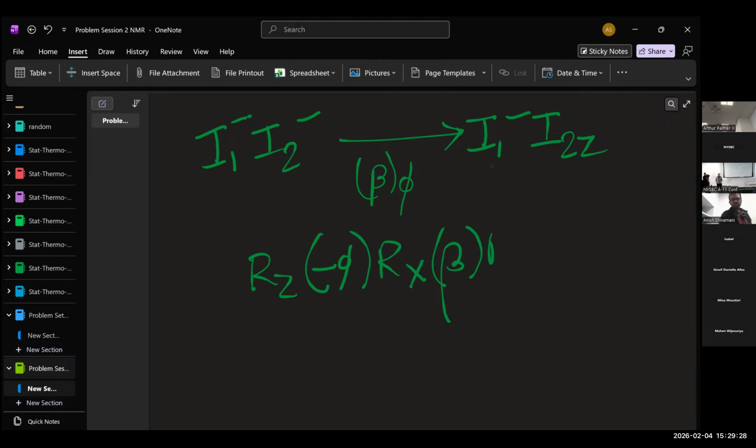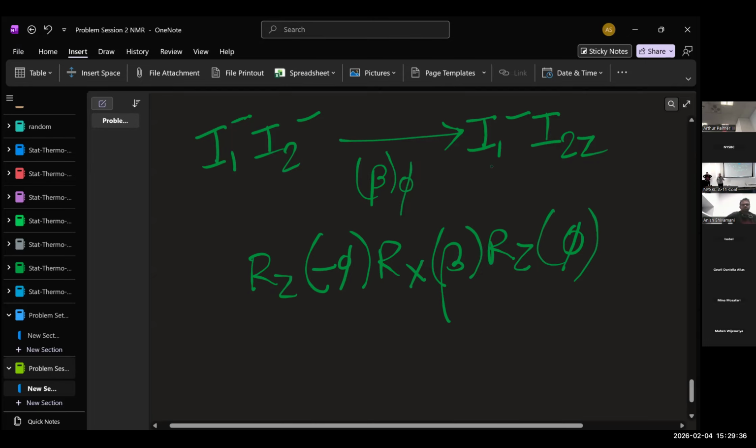In this case, that's useful because an I minus for a Z rotation just gets a phase e to the i phi. If you have some rotation by phi, it's just going to get that phase. And I plus is going to get e to the minus i phi.